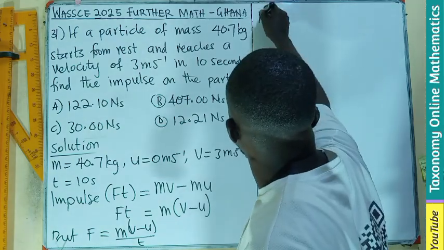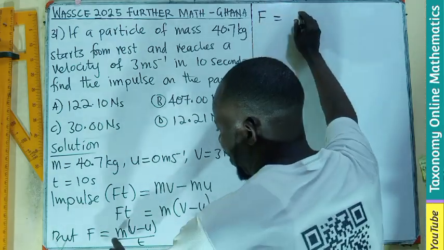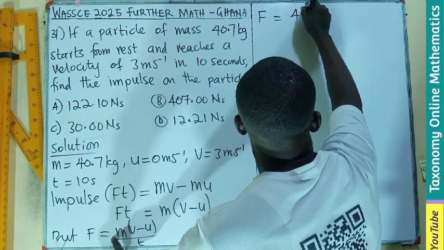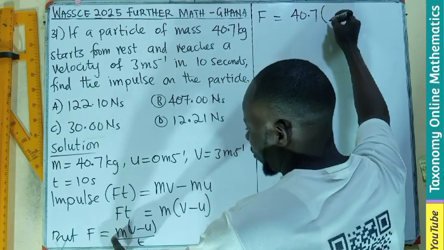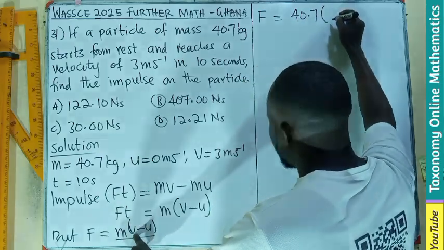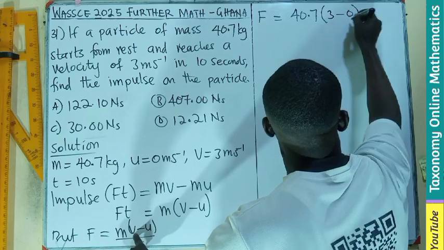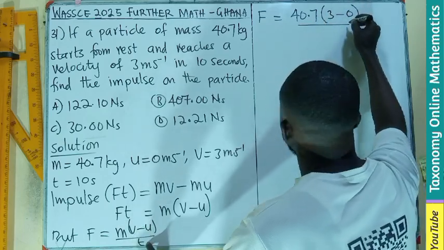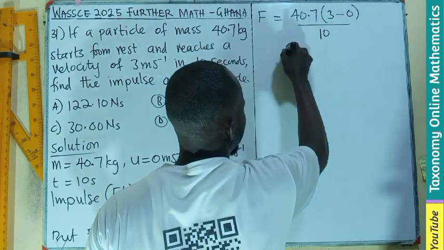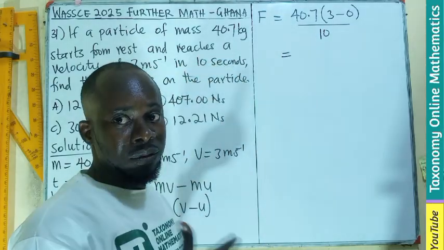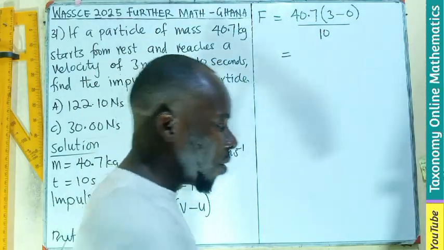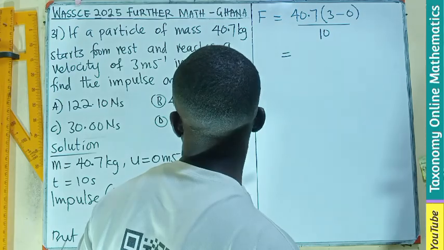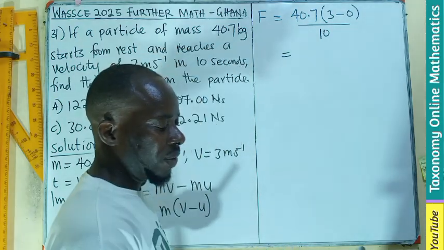Let me say force equals the mass of the body, 40.7, times the bracket, final velocity 3 minus initial velocity 0, divided by time. This is just to find the force responsible for the particle.